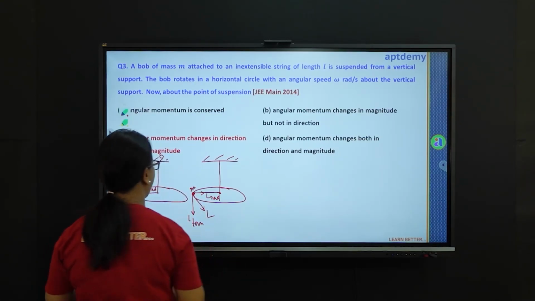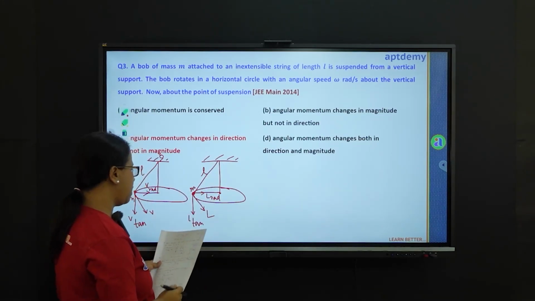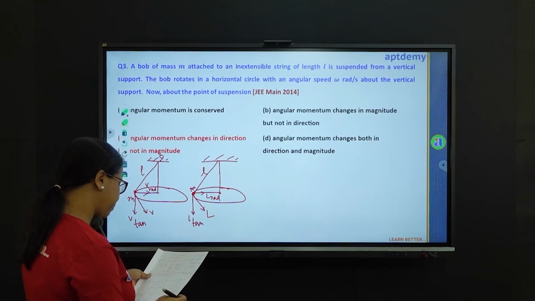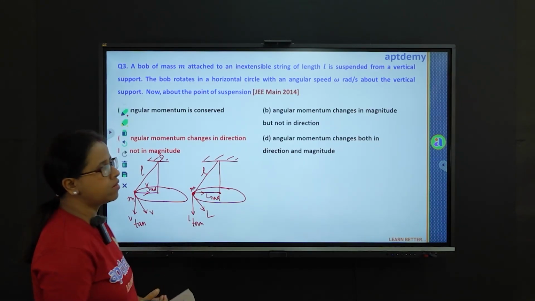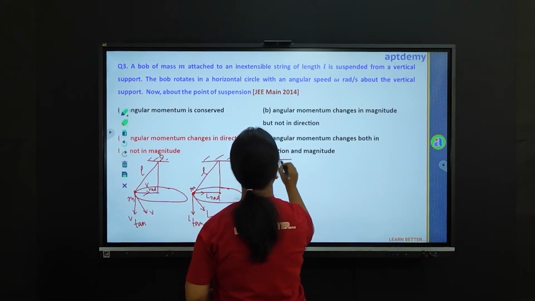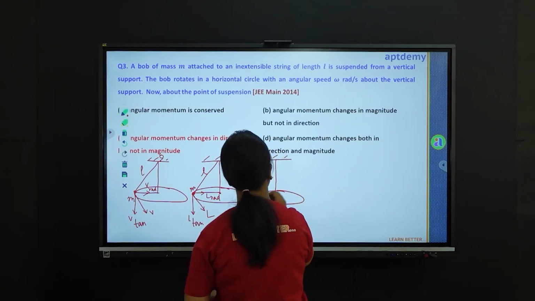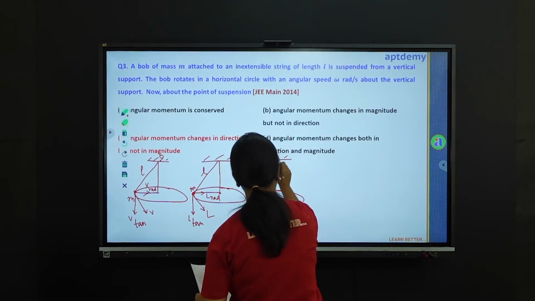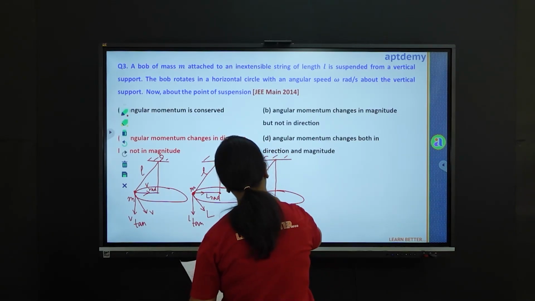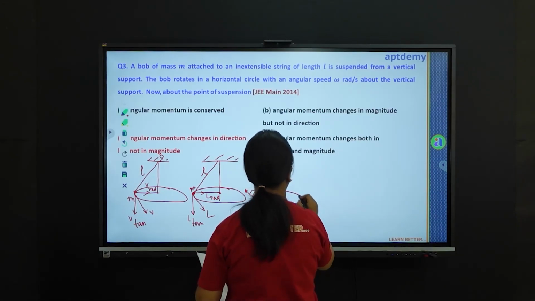Bob of mass m, length of the string L. So this is what we have. Now if we try to understand the direction of the angular momentum, you can see the direction from here.